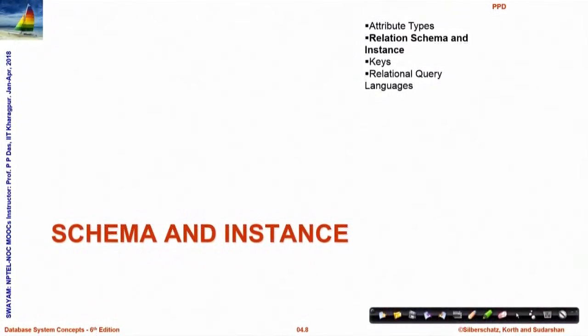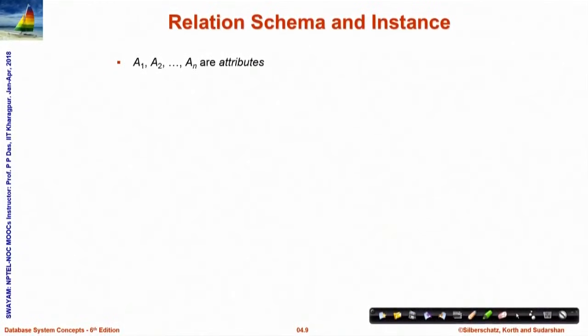Now, coming to the schema and instance, we have discussed the basic understanding of schema and instance. So, understanding them formally now, we say that if we have a schema, it is like a table having multiple columns, say there are n columns having names A1 to An, then these A1 to An are the attributes.